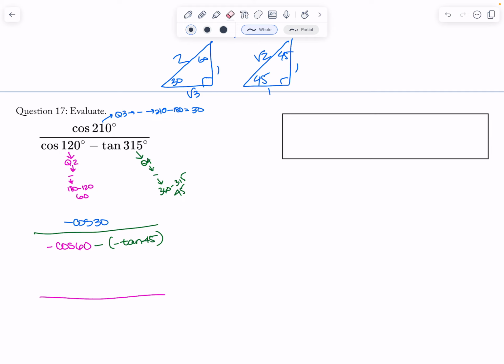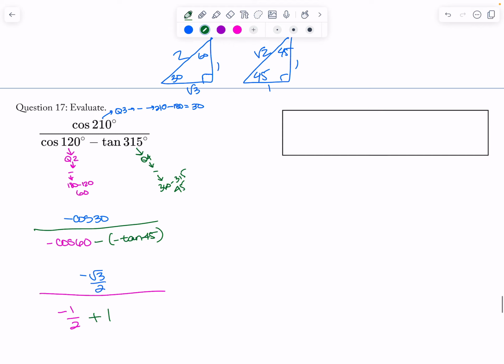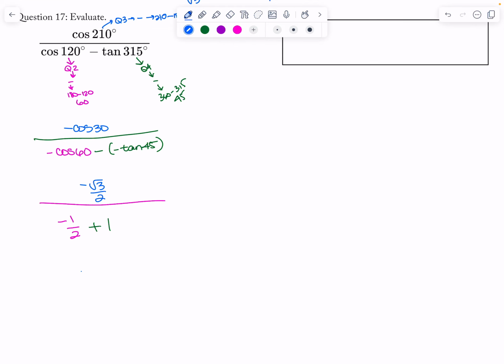Cosine of 30 degrees will be root 3 over 2. So this is, oops, wrong color. Negative root 3 over 2. Cosine of 60 degrees is 1/2, which is exactly what I said and wrote it in the wrong spot. And then tangent of 45 is 1. So I have a negative root 3 over 2 divided by 1/2.